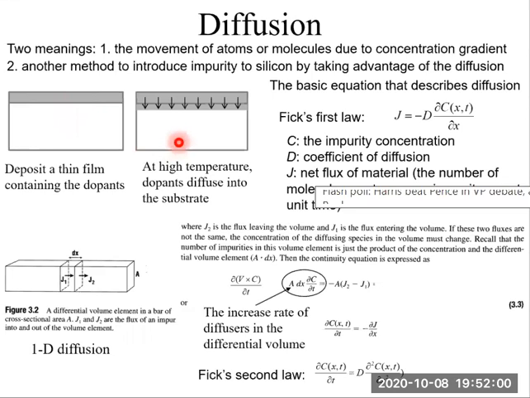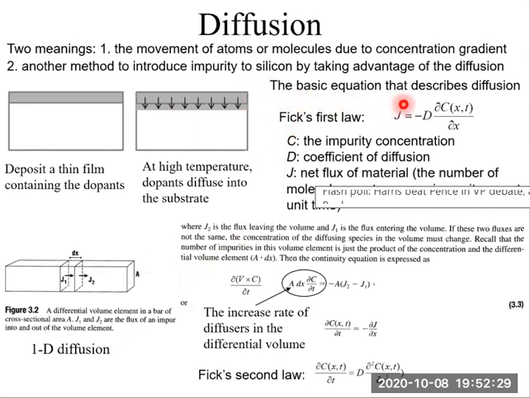Then we perform a high temperature annealing. At a high temperature, dopants in this thin film diffuse into the substrate due to the concentration gradient. So we can take advantage of diffusion to dope silicon.